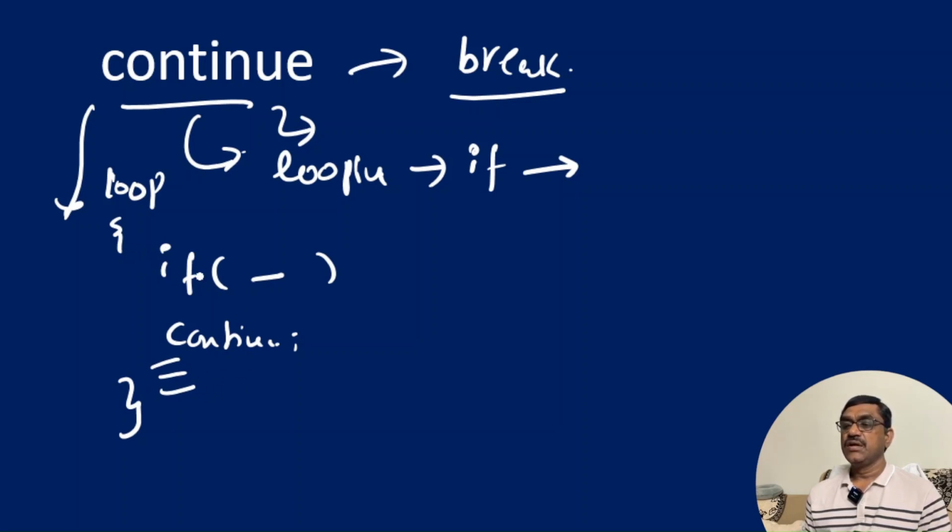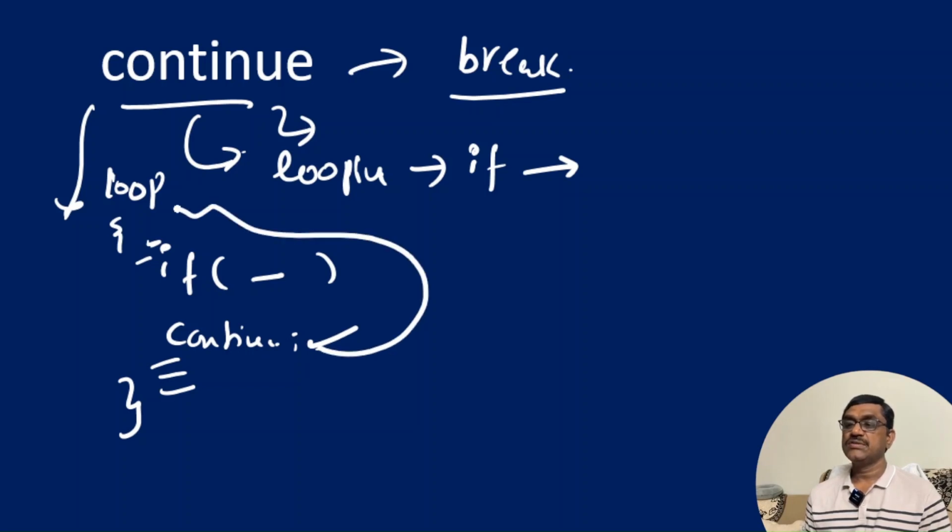Whenever this continue statement is encountered, the control directly jumps to the beginning of the loop without executing these last three statements. To send the control from the middle of the execution in a loop to the beginning, we use the continue statement.